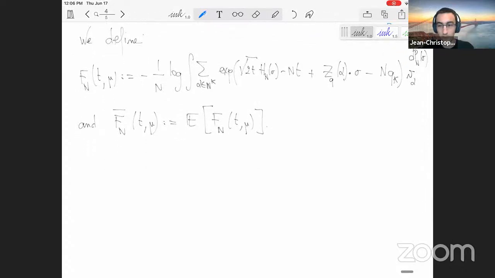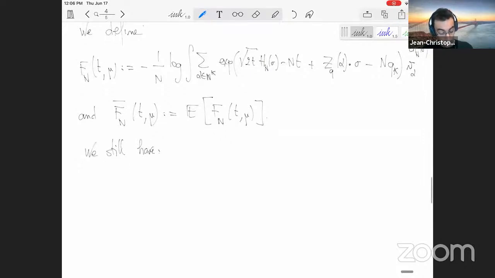Okay, so first, the derivative with respect to t has not changed compared with what we have done last time. It's exactly the same calculation. We will get exactly the same thing as before.